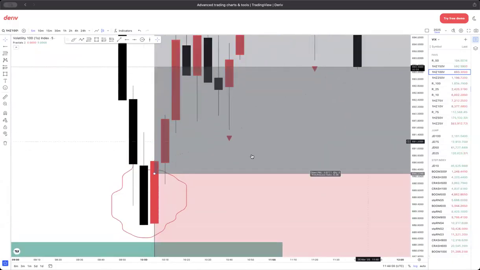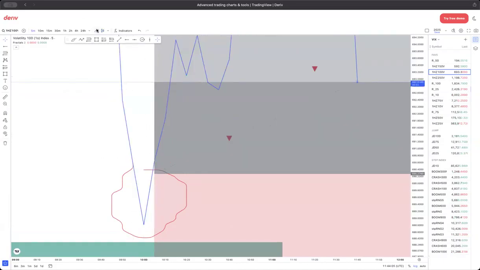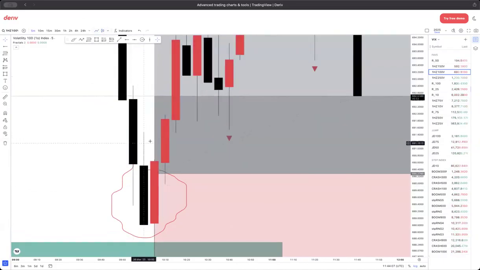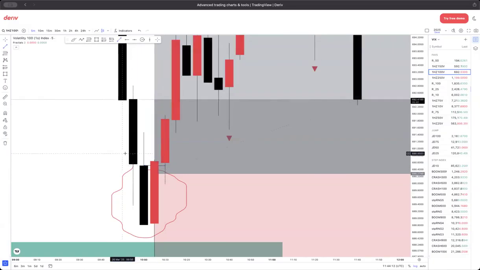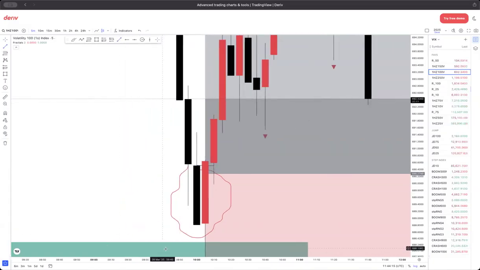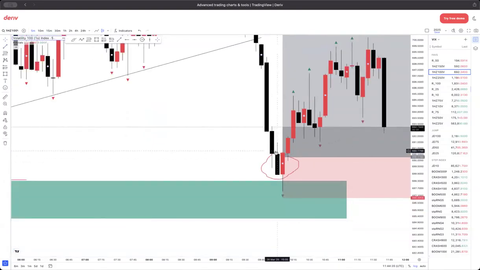So all this wick is nothing. If you open your line charts, this one engulfed. As far as it closed above this body, you get engulfed. Understand? As far as it closed above the main body of the candle. The body of the candle we are talking about. Don't worry, go read your candlesticks Bible.